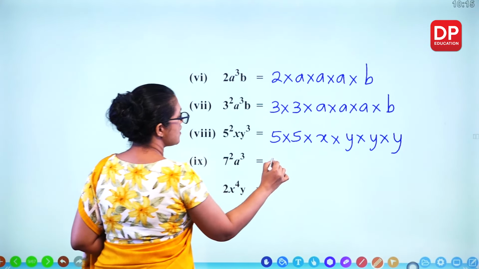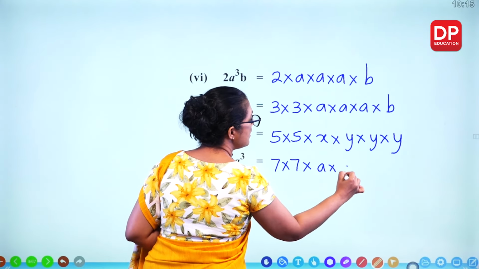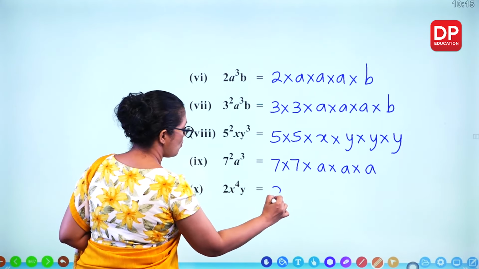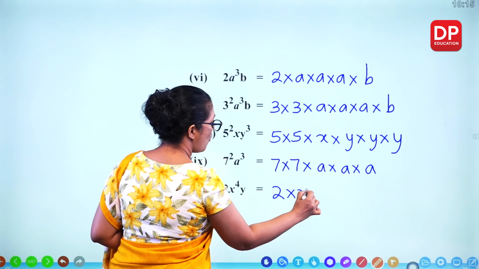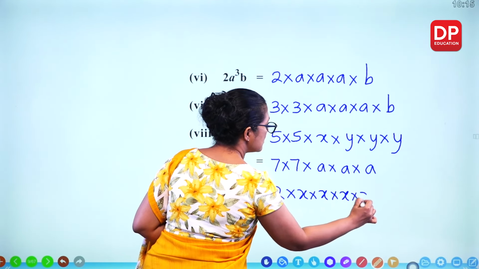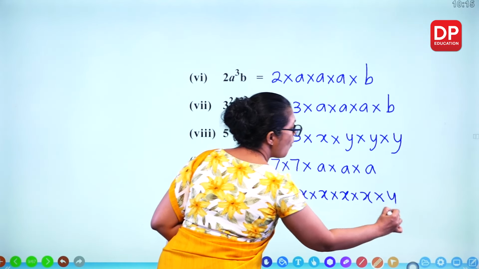This one 2 sevens and 3 a's. Here 2 and 4 x's and 1 y.